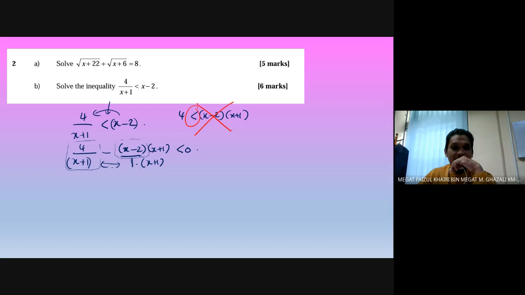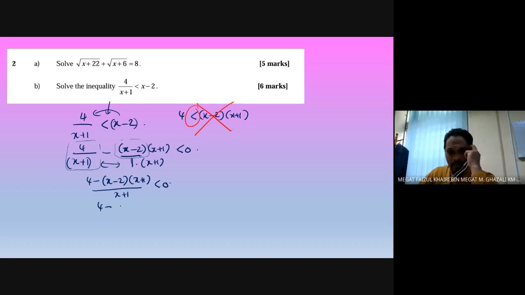Okay, so now both of these are in fraction form and both have a denominator of x plus 1. So 4 minus x minus 2 times x plus 1, divided by x plus 1, less than 0.